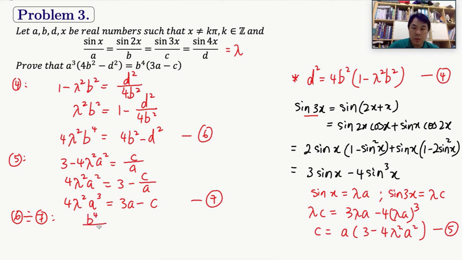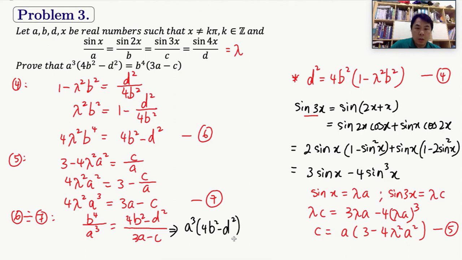So we have 4b to the power 4 a cubed over 4b squared minus d squared is the same as 3a minus c. And finally this can be written as a cubed times (4b squared minus d squared) is the same as b to the power 4 times (3a minus c). So indirectly we have proven that this expression is true.